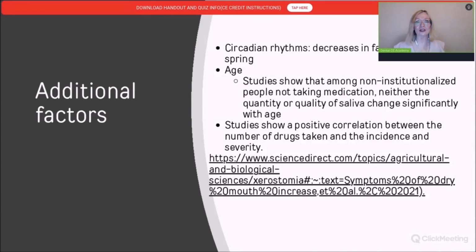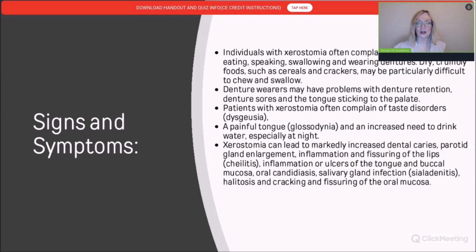So aging may cause other undesirable effects, but it didn't impact the structures or the function of the salivary glands. However, as we get older, we may be taking more medications, and it might therefore be impacting salivary gland flow or composition. Studies show a positive correlation between the number of drugs taken and the incidence and severity.